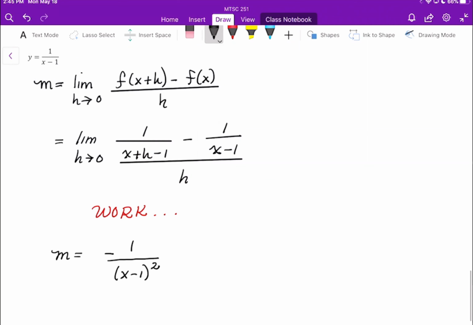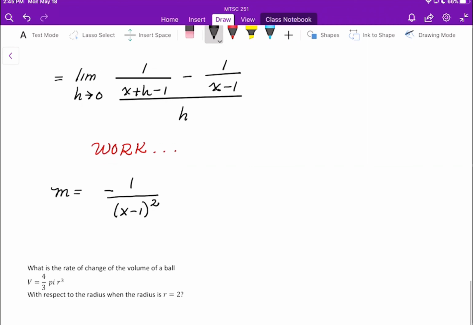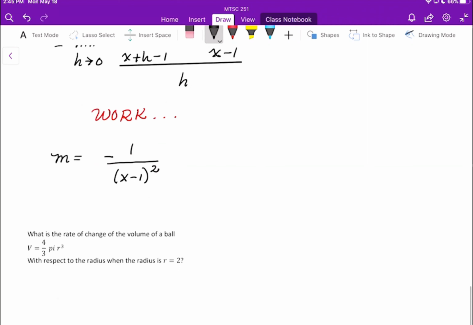Okay, so now that we know that that's what our slope is, the question asks us to find all points where the slope is equal to -1. So therefore, we want to set this identically equal to -1. And that will equal -1 provided that x minus 1 quantity squared is equal to 1.